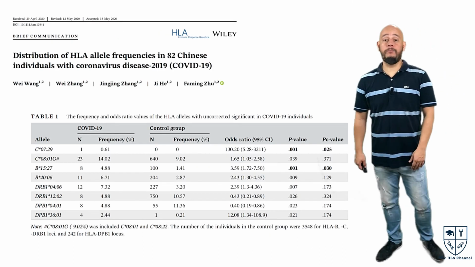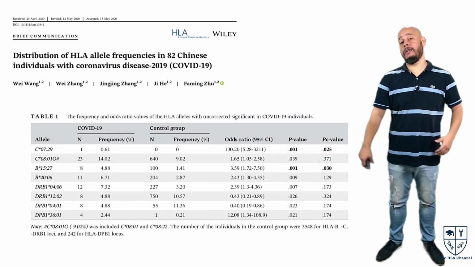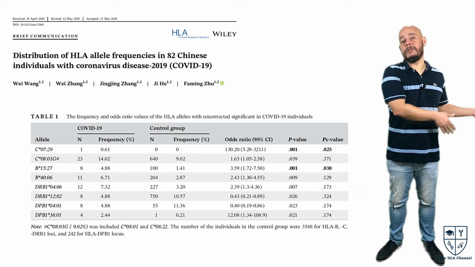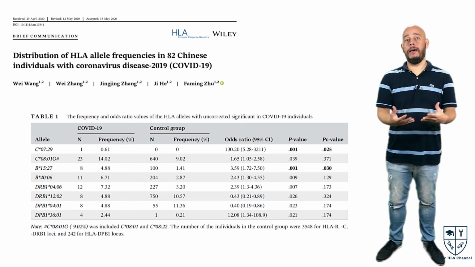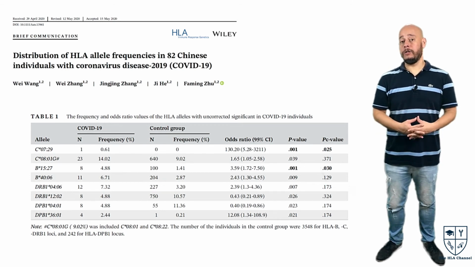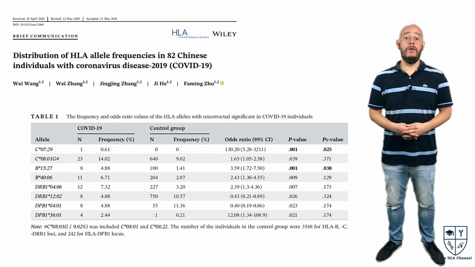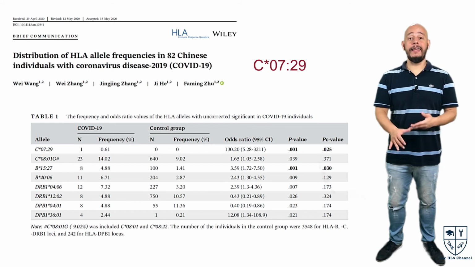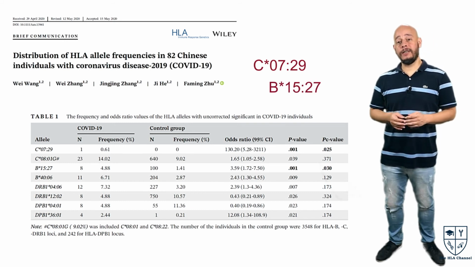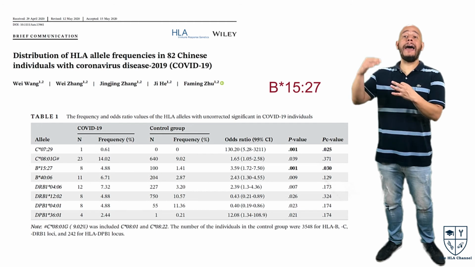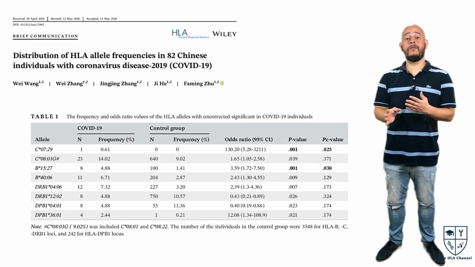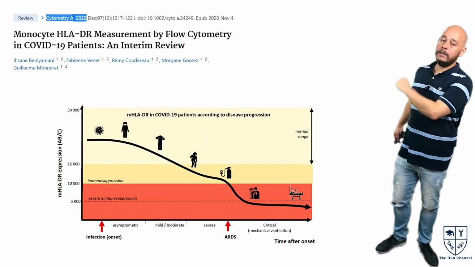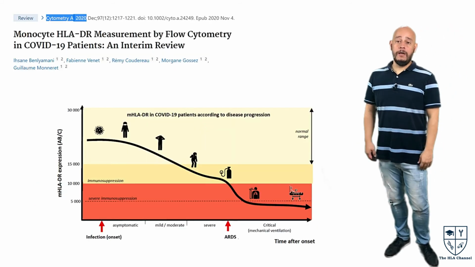Wang in China performed an NGS study with 11 loci, and since he performed NGS, we can expect high resolution results. And what he found was that the HLA-C*07:29 and HLA-B*15:27 alleles were higher in patients with COVID-19 than in the control population. This is an interesting paper for me.